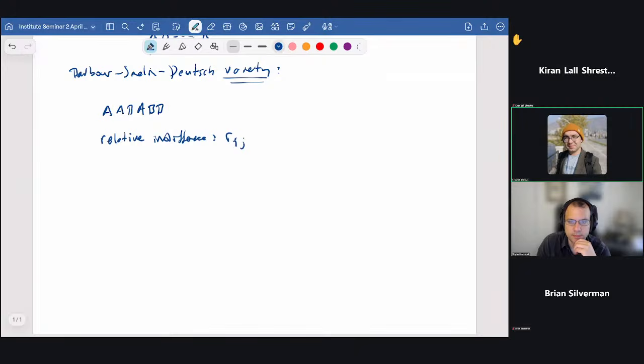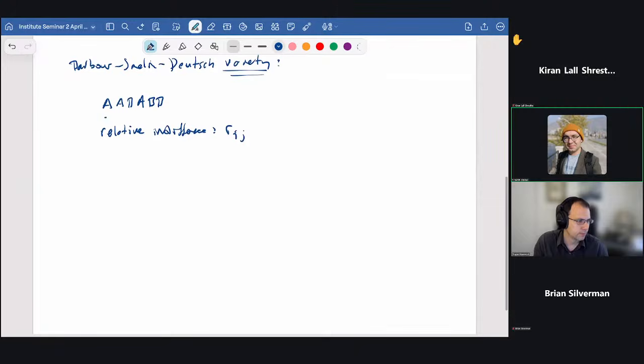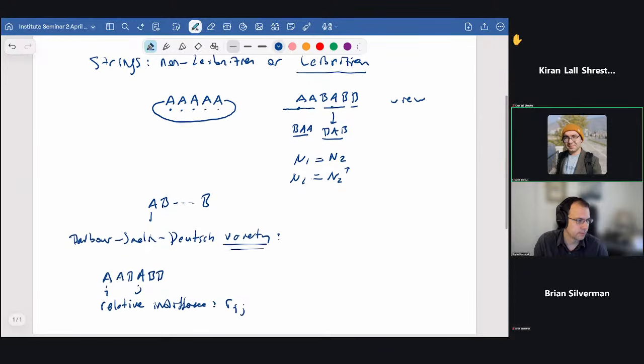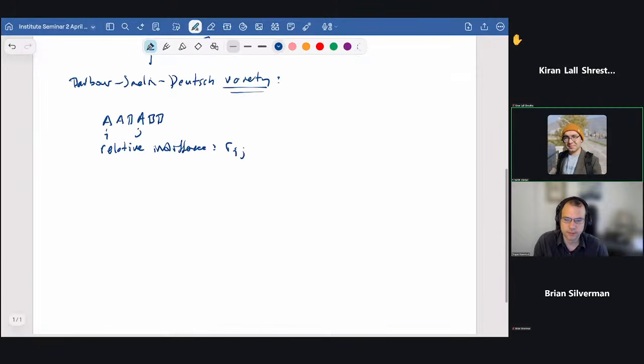Let's call it Rij. Let's go to the previous example: this is I and this is J. We have seen that they are distinguished at the first order neighborhoods, which means that the radius is 1. So the relative indifference of the characters A, which occur at positions I and J, is just 1.